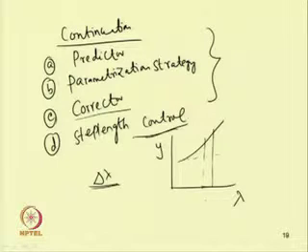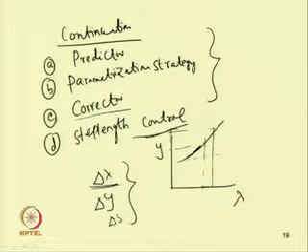Second, we can do local parameterization, where we take the parameter delta y. Or we can correct along the curve, which is known as arc length parameterization, delta s. So we can have three different corrector schemes. In one case we control the step length delta lambda, second local parameterization by taking delta y, and third arc length parameterization by taking delta s.